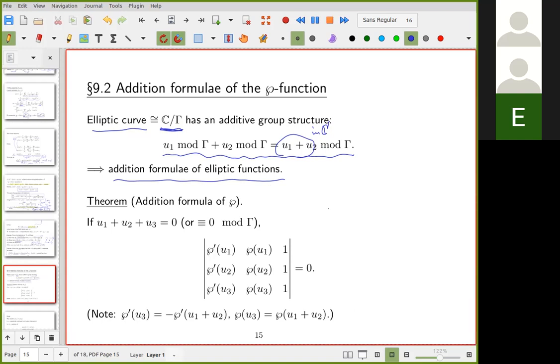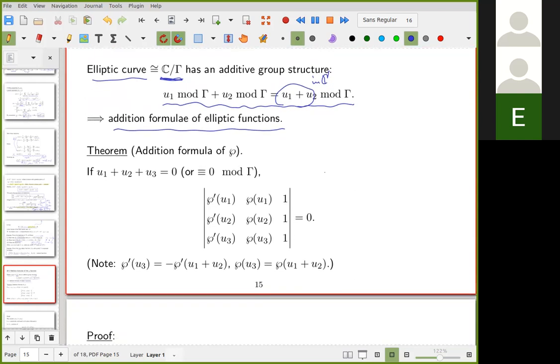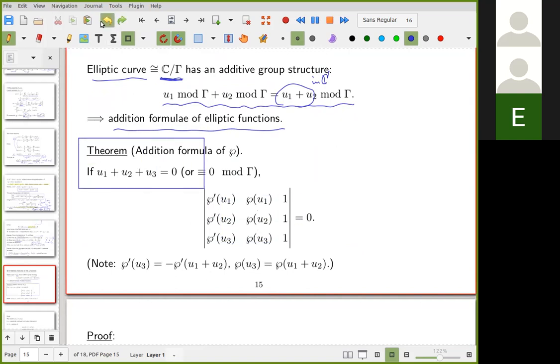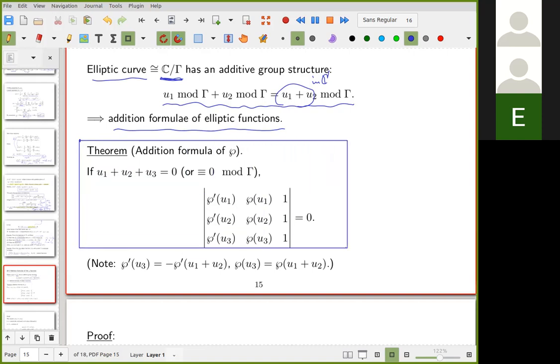Well, there are many expressions for the addition formula of the P function, but probably the simplest way of writing it is by an expression by a determinant.